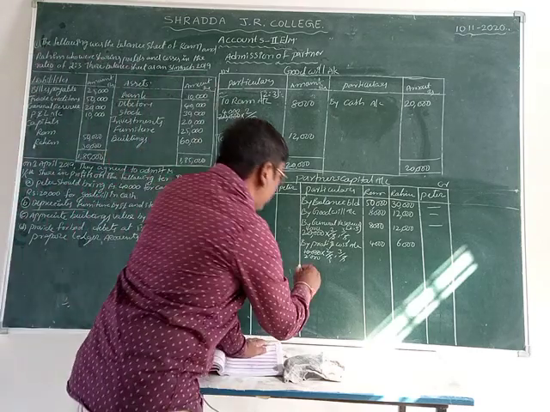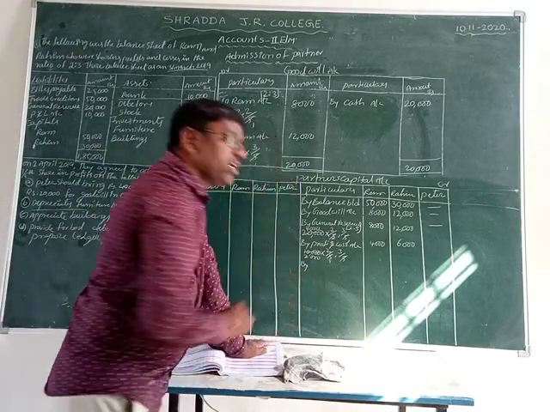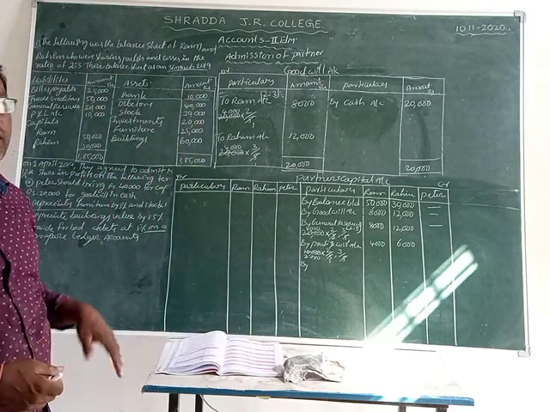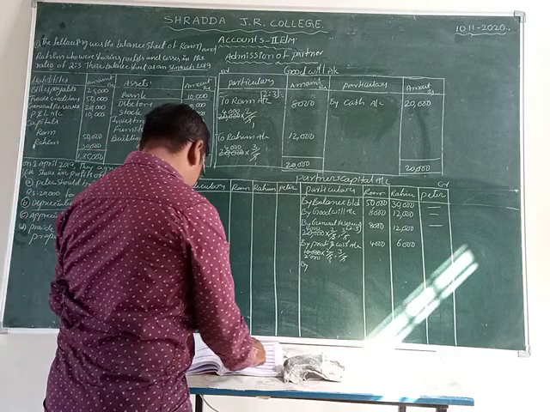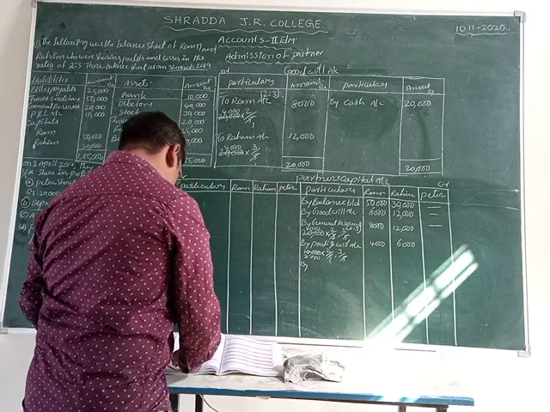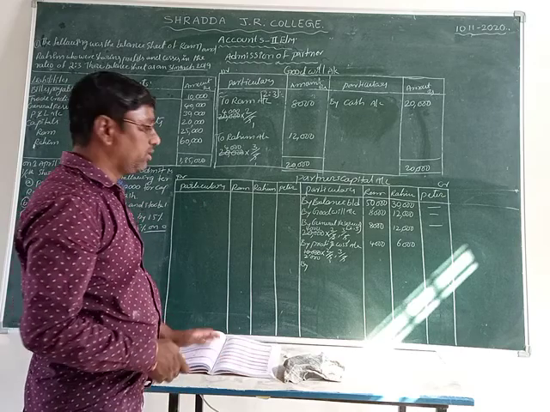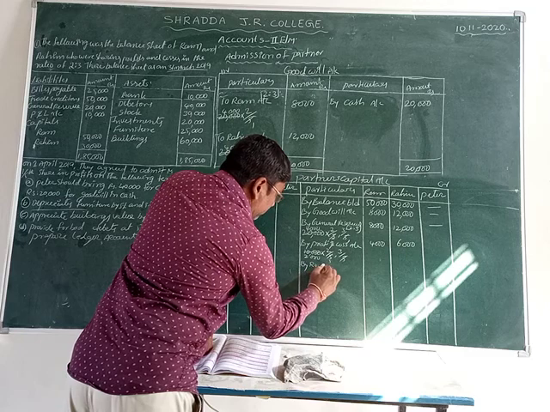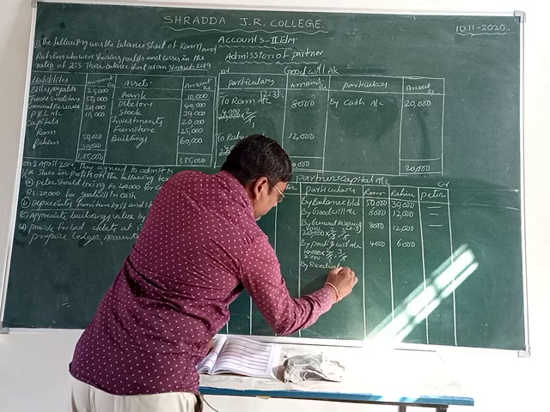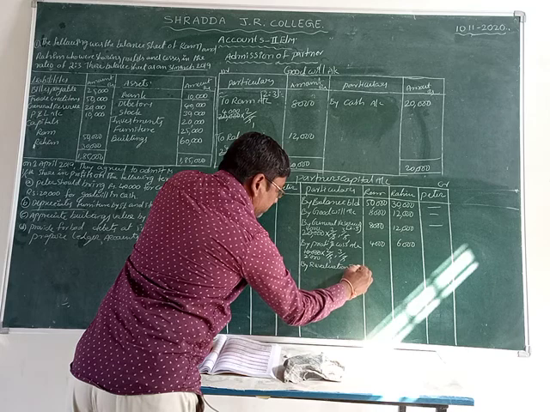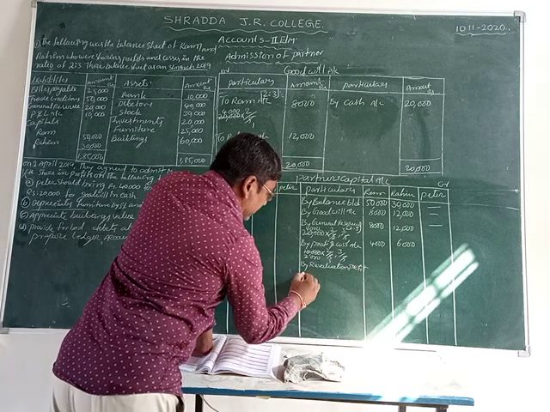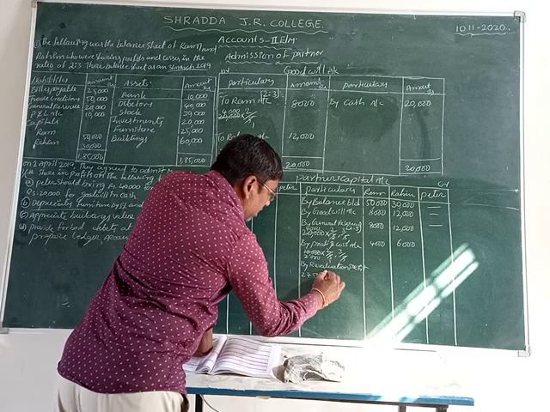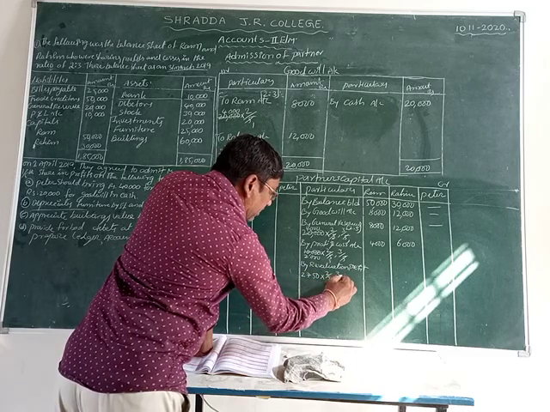Now we are going to take the revaluation profit. In the revaluation account we have made a profit of 2,750. That amount we are going to distribute. So revaluation profit. What is the revaluation profit? 2,750 into 2/5 and 3/5.